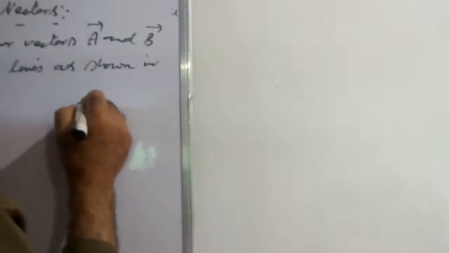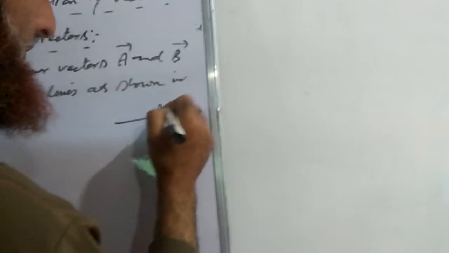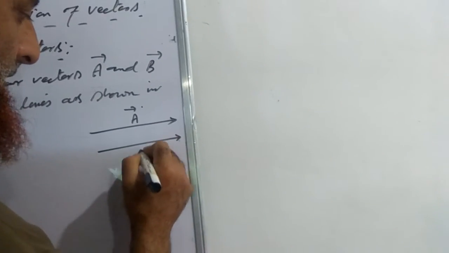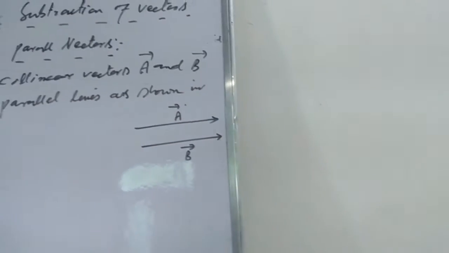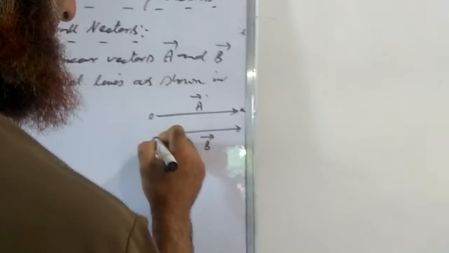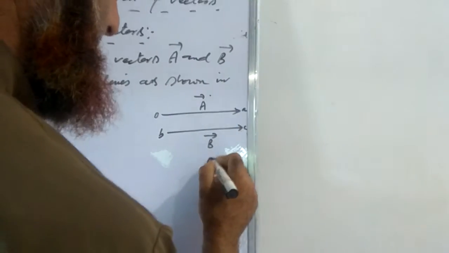I will write here, for example, here is a vector A and this is a vector B. They are parallel vectors acting along the same line and along the same direction. Here I will write them as OA and BC.